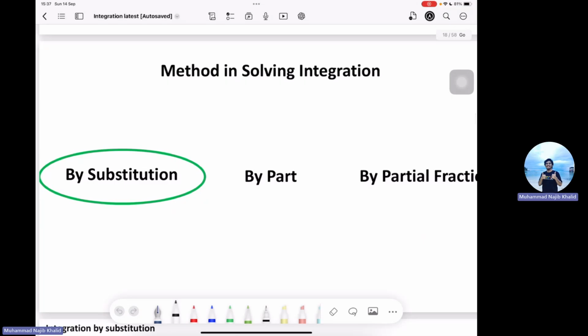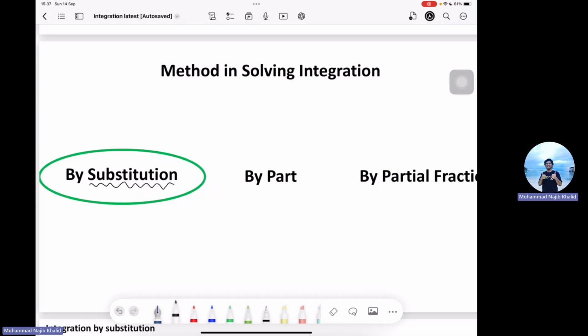Alright, so in this chapter number 3, you are going to learn the three main methods in solving integration. But as I go through the other functions, I find it is very useful for us to first learn the method of substitution before we learn about the functions.